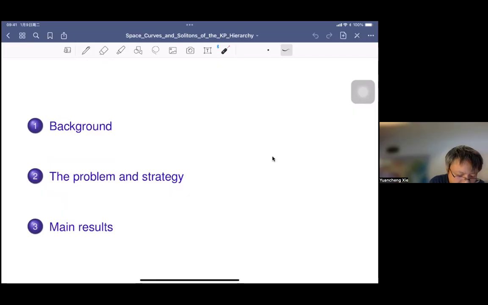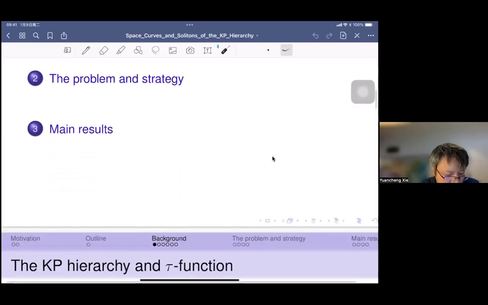The second part will be about the problem that leads us to construct these differential operators, and also the strategy of how we solve this problem. And in the third part, I will introduce some of our main results. This talk is based on joint work with Yuji Kodama.